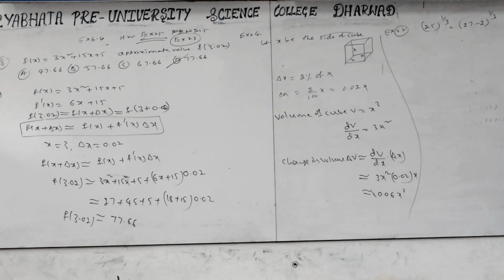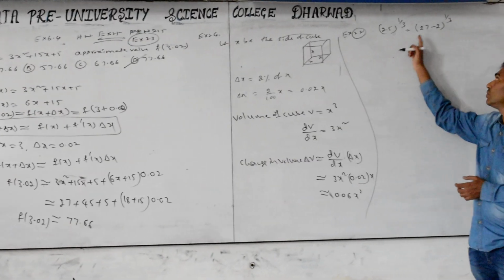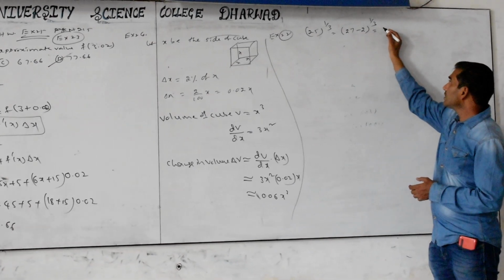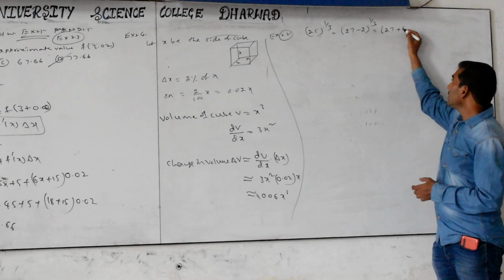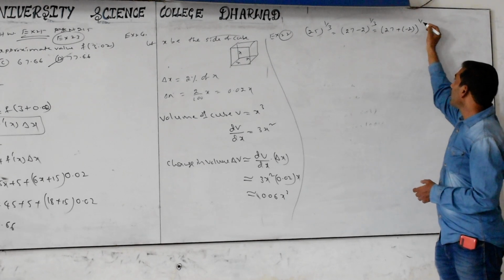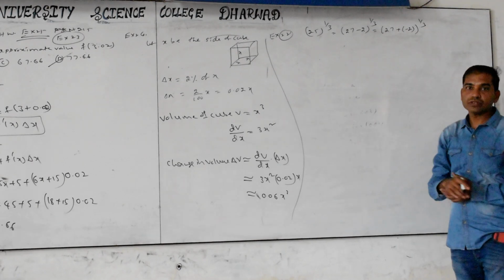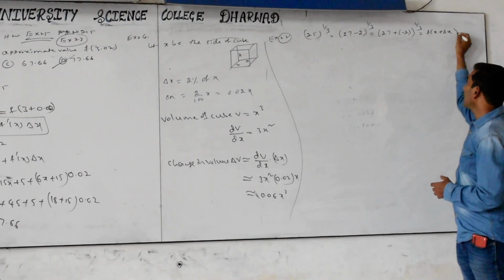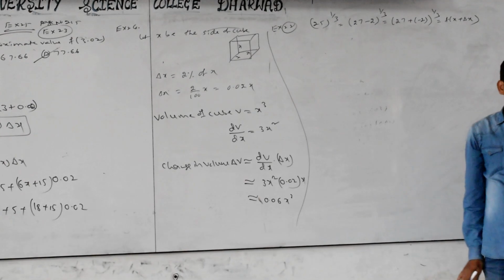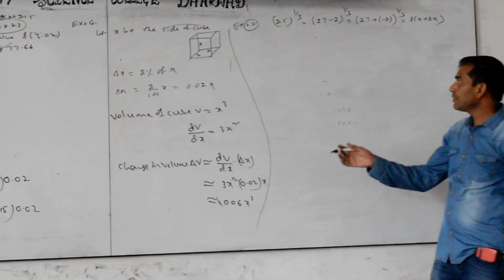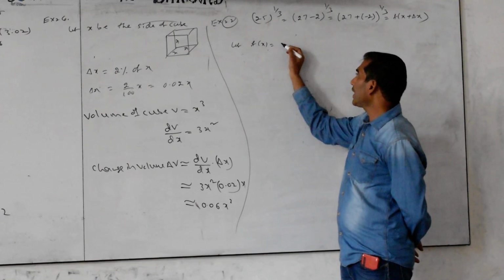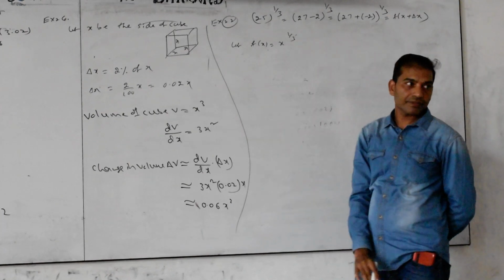This is the cube root of 25, written as 27 plus minus 2 whole power 1 by 3. So we should consider f of x plus delta x. Let f of x equal to x power 1 by 3.